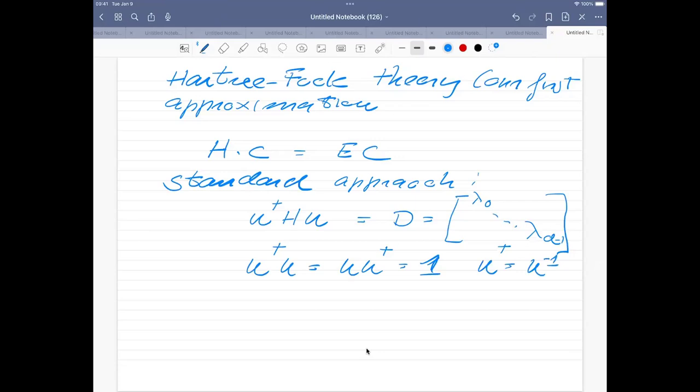In essence, when you look at all the methods we are dealing with, you can think of them as methods which are acting on a basis with a unitary matrix. So obviously, if you can solve the problem by just one such transformation, you're basically done. The problem is you cannot do that, unless you have a 2x2 matrix. Then you can use Jacobi's method, and it's very easy to find the transformation.